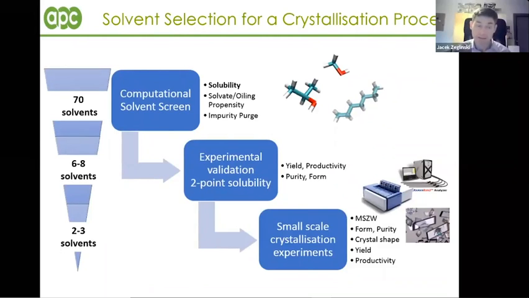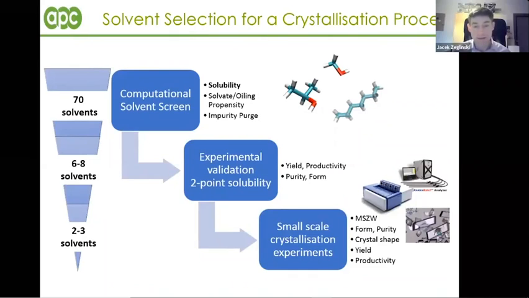And then we select fewer than 10 solvents for experimental validation. This part saves a lot of time, effort and cost, because if we wanted to screen 70 solvents experimentally, you can imagine that would take a number of weeks, if not months, but we can do it in maybe 2-3 days.